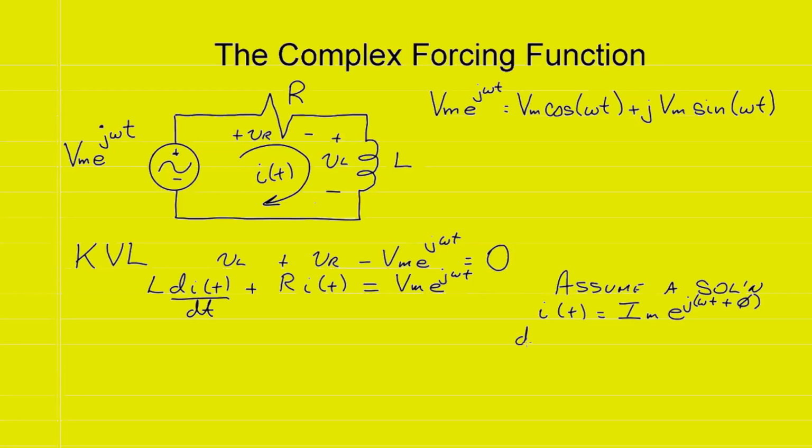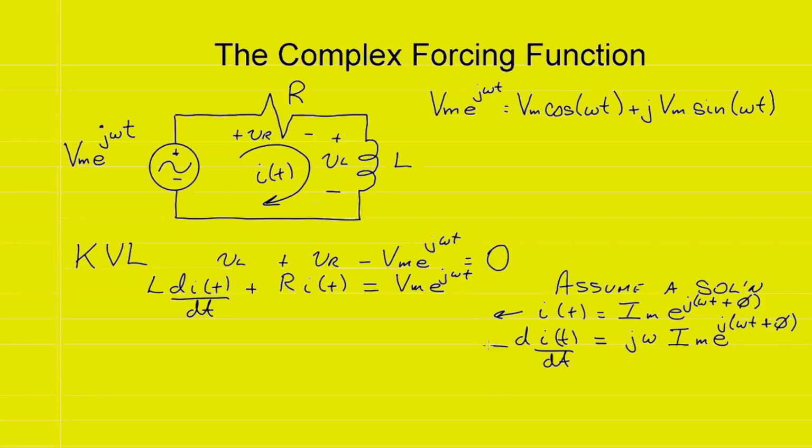Noting that we'll also need the derivative, we might as well take the derivative of the function right away with respect to time. Finding a derivative of an exponential function is easy because we just multiply by j omega times the original function, and we're left with j omega Im e to the j omega t plus this unknown angle.